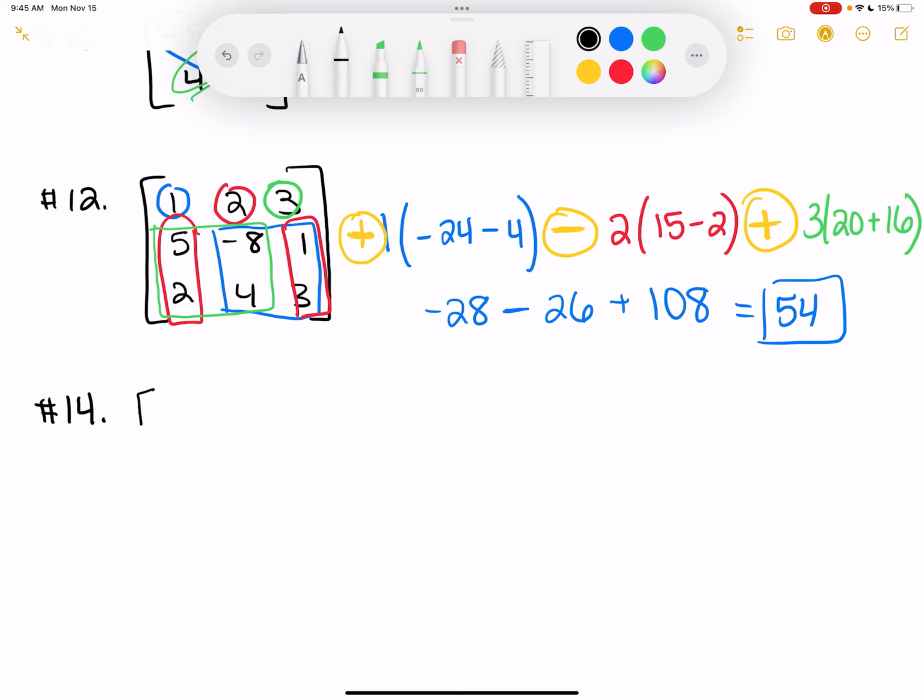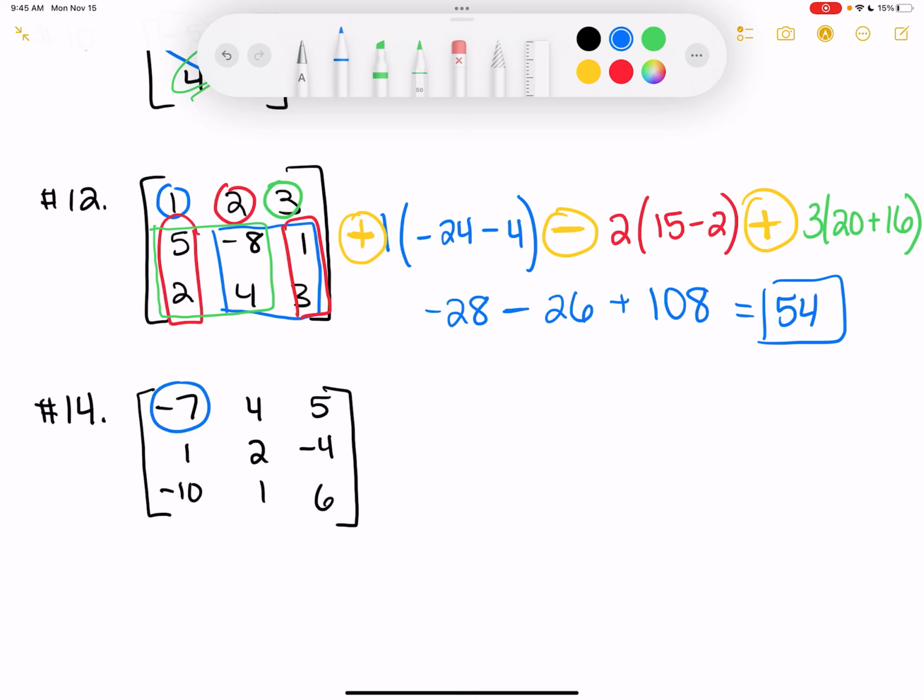Number 14. All right, so we've got -7, 4, 5, 1, 2, -4, -10, 1, 6. I've got -7.